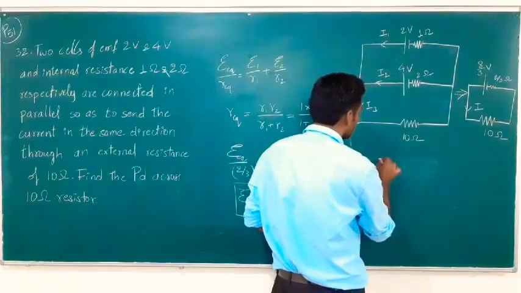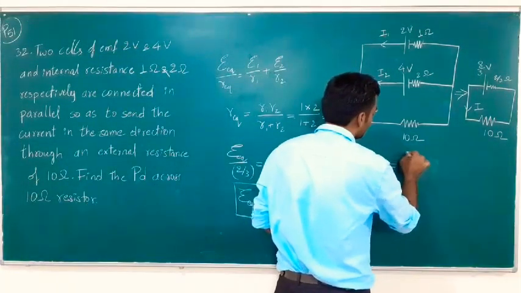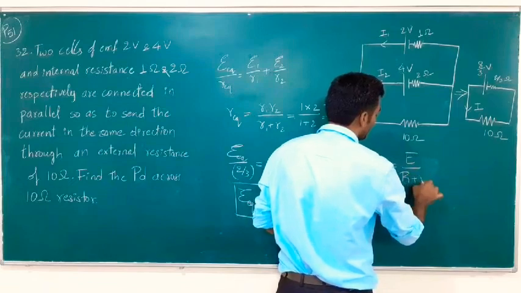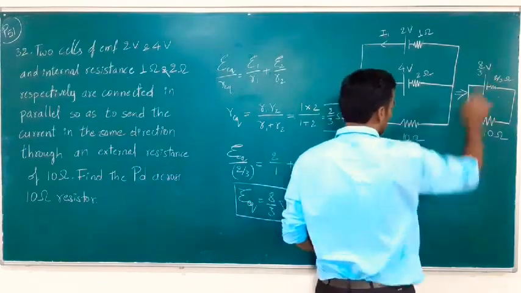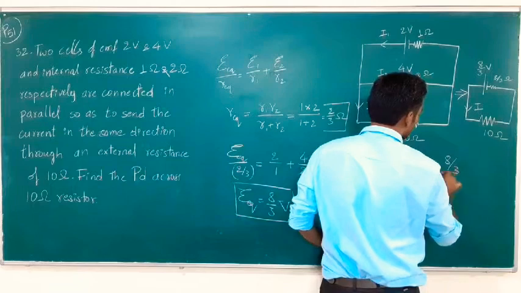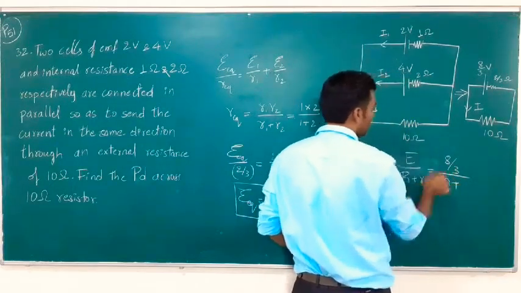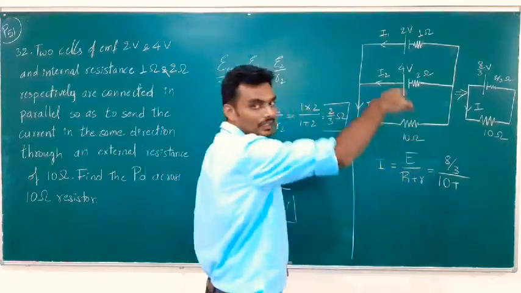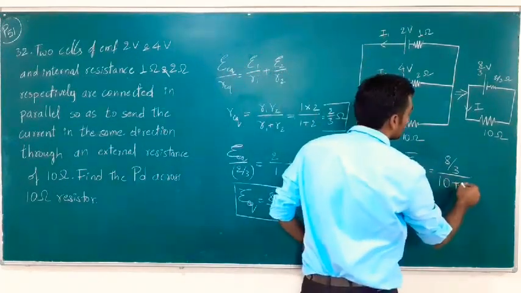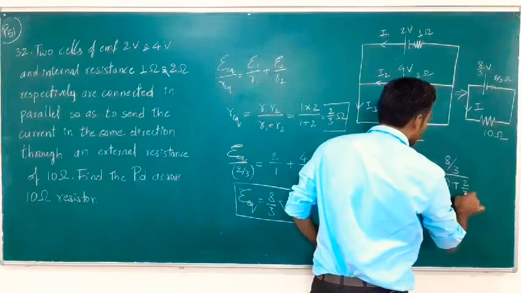So the formula for I is E by R plus r. What is E? Equivalent EMF, 8 by 3 volt. What is R? External resistance, 10. What is small r? Equivalent internal resistance of the cells in parallel, here 2 by 3.